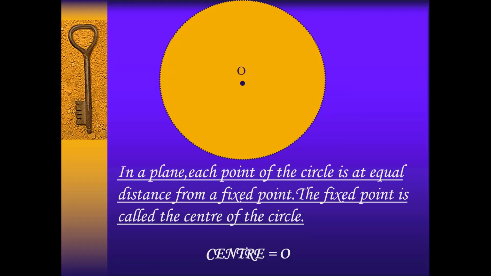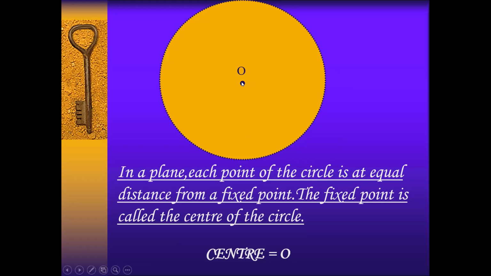The definition of a circle is: in a plane, each point of the circle is at equal distance from a fixed point. The fixed point is called the center of the circle. What does that mean? The radius of the circle would be constant throughout.